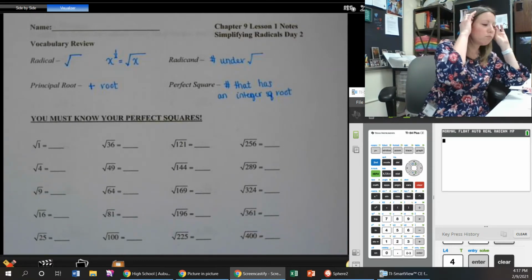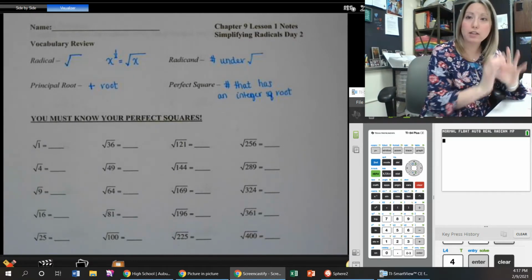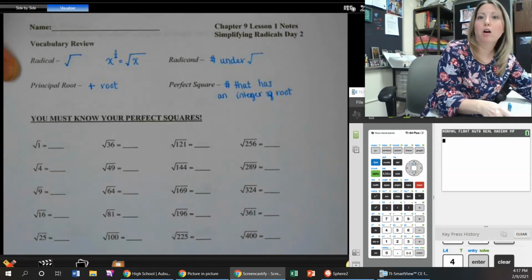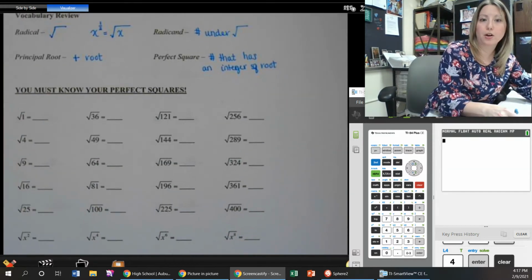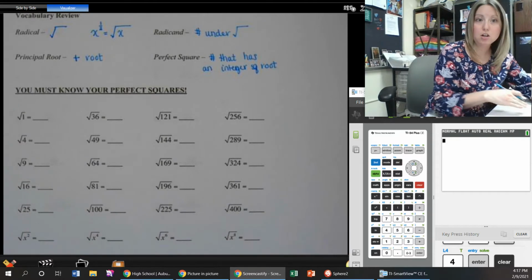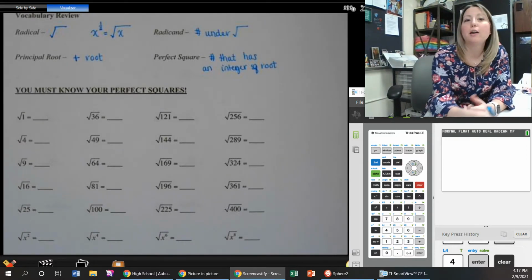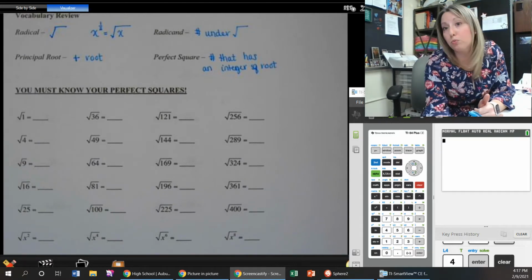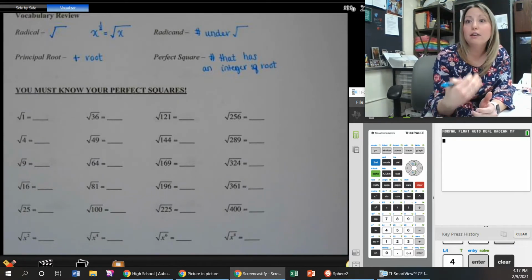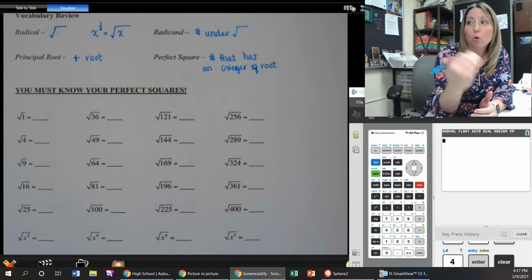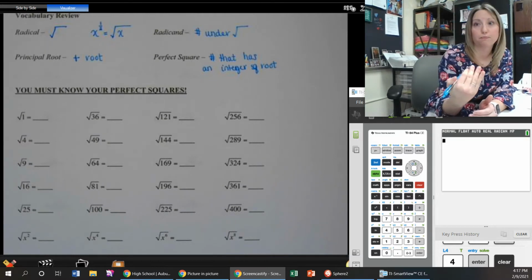Okay, so let's take the principal roots of some of our perfect squares that are currently under the radical here. So we must know our perfect squares. Again, I'm taking principal roots, so all my answers will be positive, knowing that there could be a positive or a negative of each of these roots.